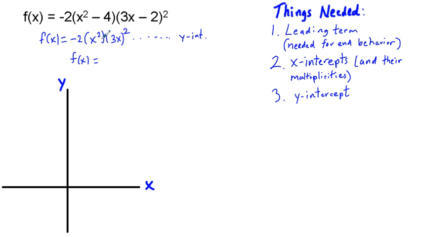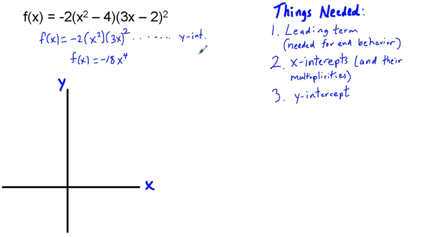Okay, let's go ahead and continue. When we take -2 times x squared times 3x squared here, we're going to square this 3 to become 9, and 9 times -2 is going to be -18. And then we're going to have x squared times x squared, or x to the 4th.